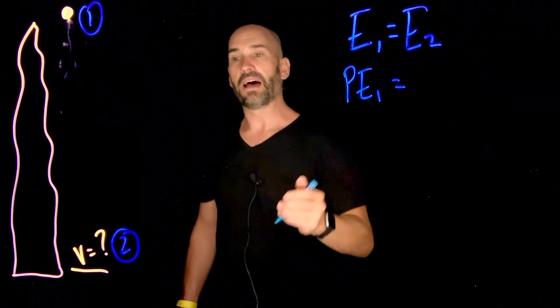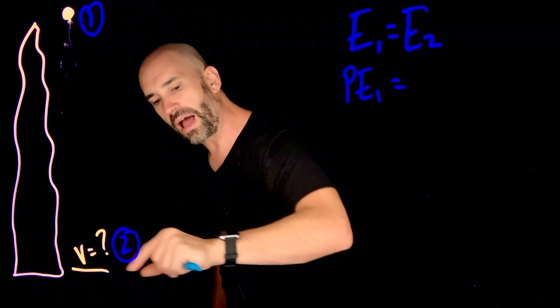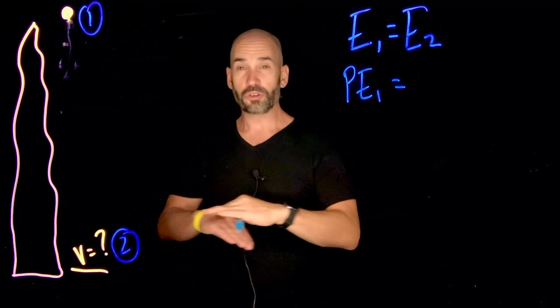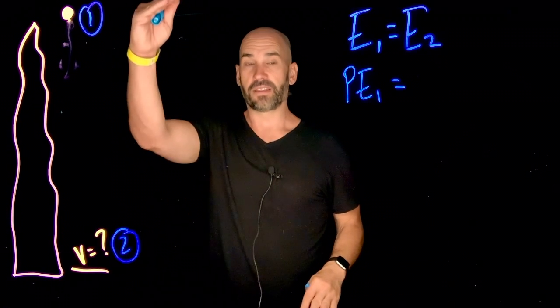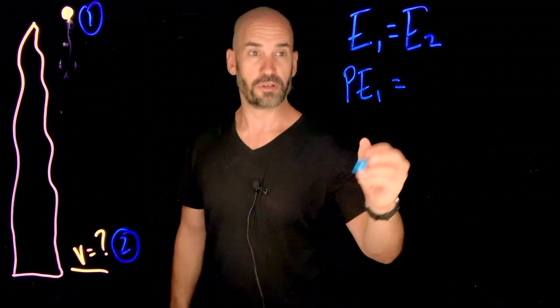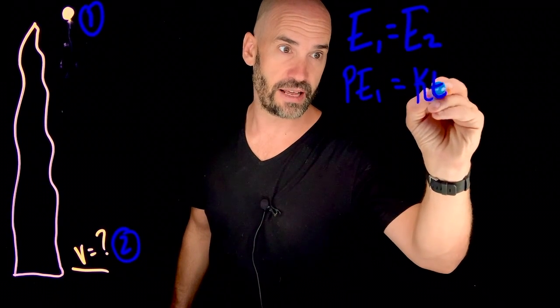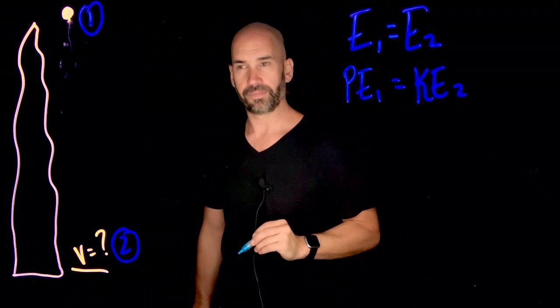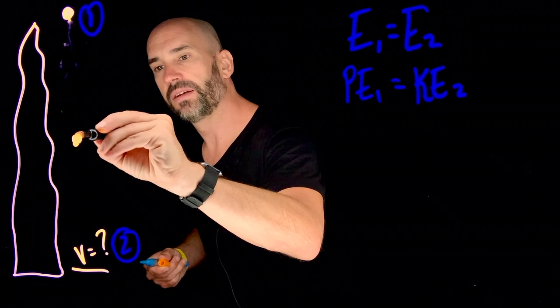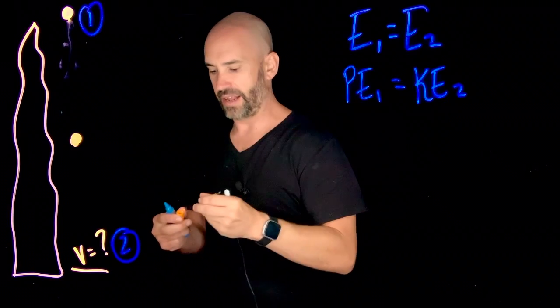All right. Now down here, just before I hit the ground, do I have any potential energy? No, I've lost all my height, right? There's no potential energy down there, but the velocity has increased, which means there must be some kinetic energy down there. Okay? And just to point out, anywhere in between, it's some mixture of potential and kinetic energy, right?